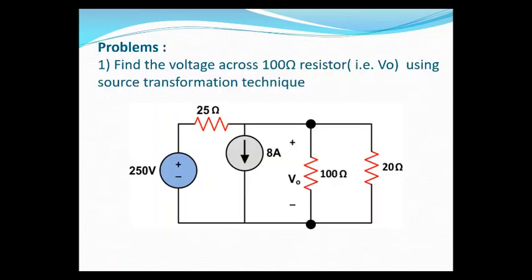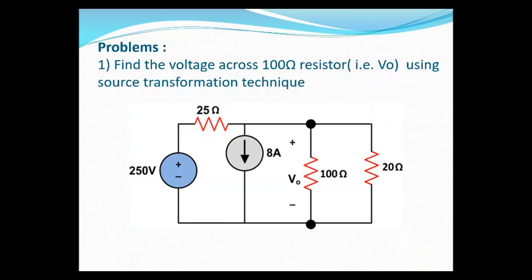See, I am giving two problems for homework. Here, find the voltage across the 100 ohm resistor using the source transformation technique. In this, we can take two methods also.